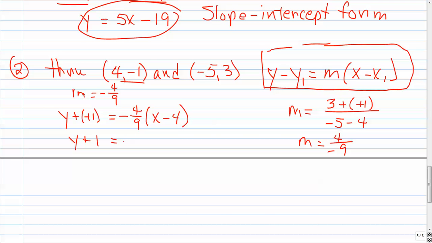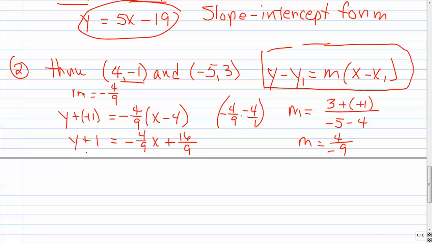Negative 4/9 times x is negative 4/9 x, and then negative 4/9 times negative 4. I can write that over 1 so it looks like a fraction times a fraction, and you multiply the numerators together and the denominators. A negative times a negative is a positive 16 over 9.